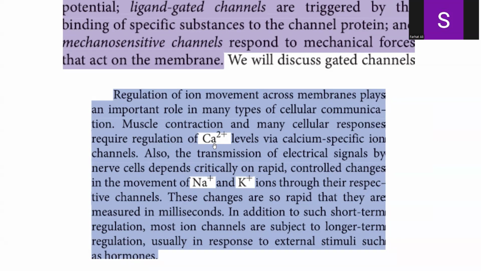Then there are sodium potassium channels, and these are important for a variety of different things. One, regulating the osmolyte concentration in the cells and other body fluids, and then they're also important with respect to generating the nerve impulse.